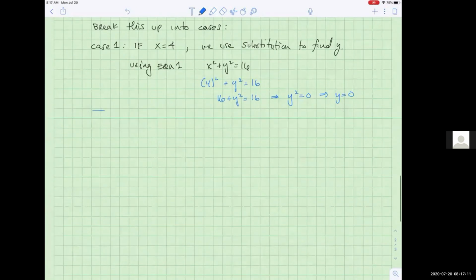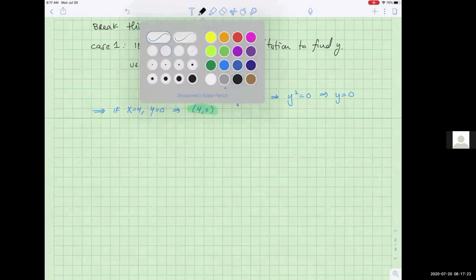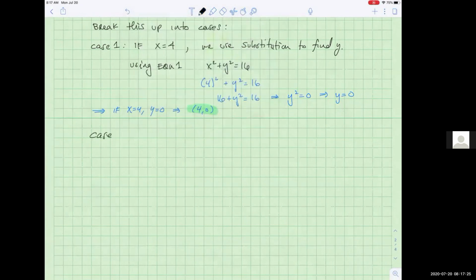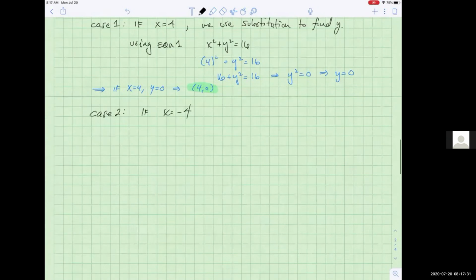So if x equals 4, y equals 0, and we get the solution 4, 0 as one of our possible answers. The other case, case 2, is if x equals negative 4.